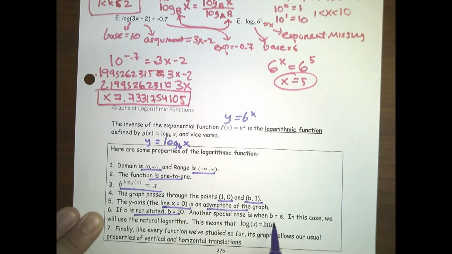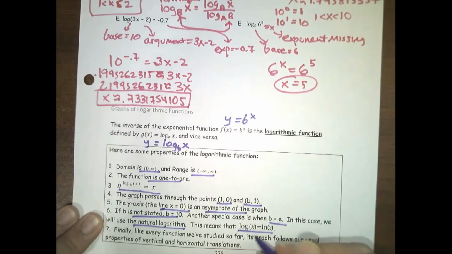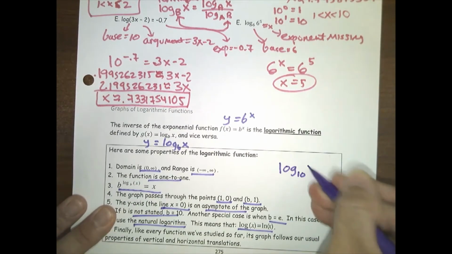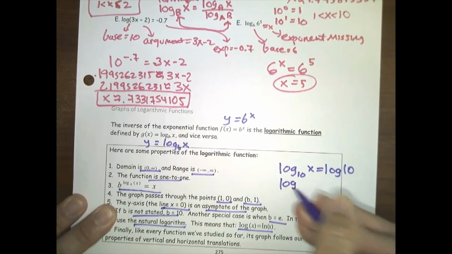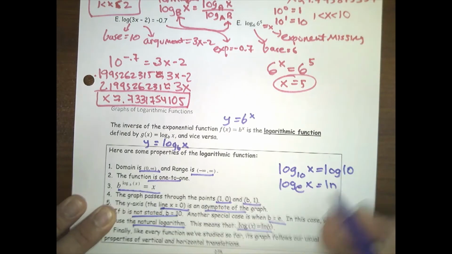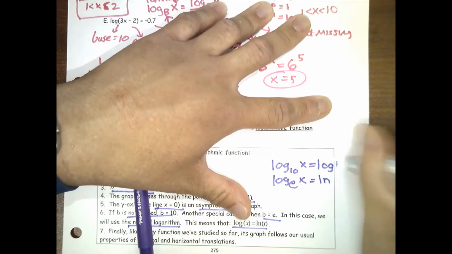And another case is when b is equal to e. We'll talk about that in a little while. Log base 10 of x is just log x, and log base e of x is ln x. So I wouldn't rewrite log base 10 of x with the 10 in it again.